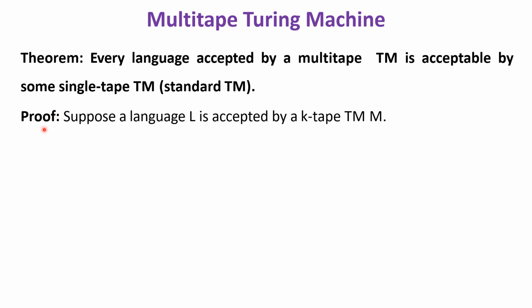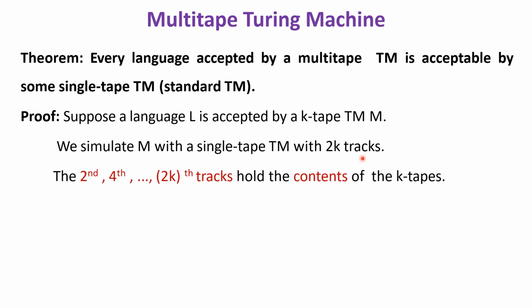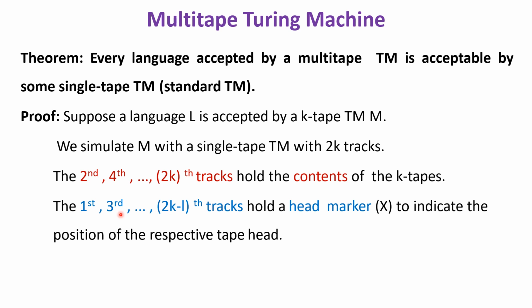To prove this, suppose a language is accepted by a k-tape Turing machine M. We simulate M with a single-tape Turing machine with 2k tracks, in which the second, fourth, and so on up to the 2kth tracks hold the contents of the k tapes, and the first, third, and so on up to the (2k-1)th tracks hold a head marker X to indicate the position of the respective tape head.